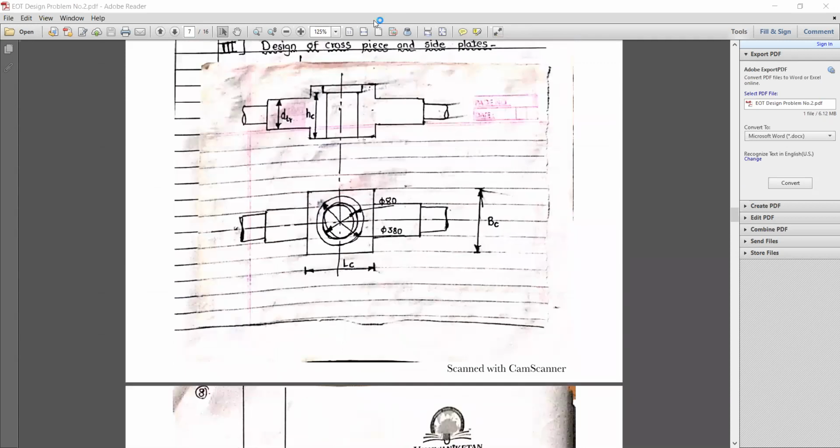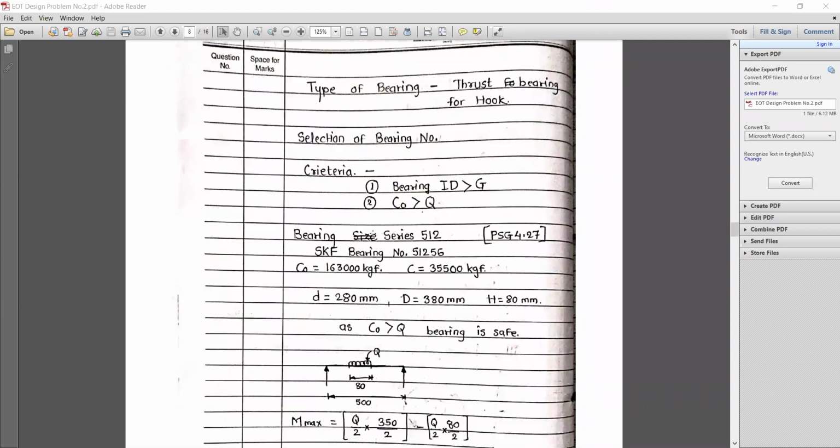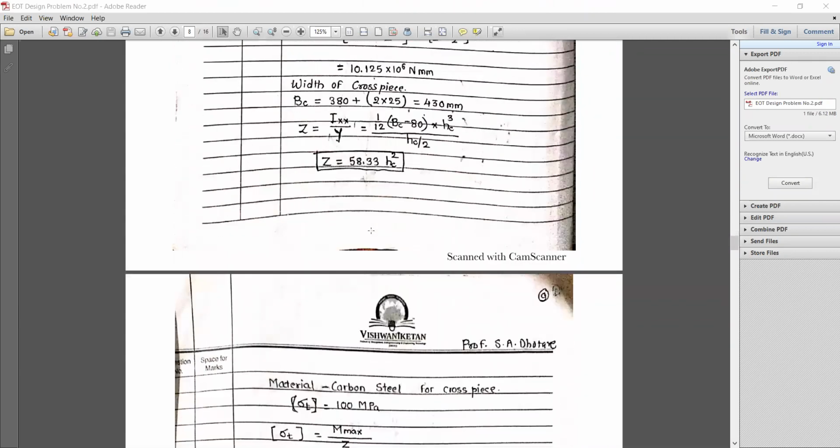In this diagram I can show you where these margins are considered. This is the diameter 380, and we are keeping this 25 mm and this 25 mm, so that the length can be as minimum as possible, so that an optimum design can occur. So the total width which we have assumed is 430.